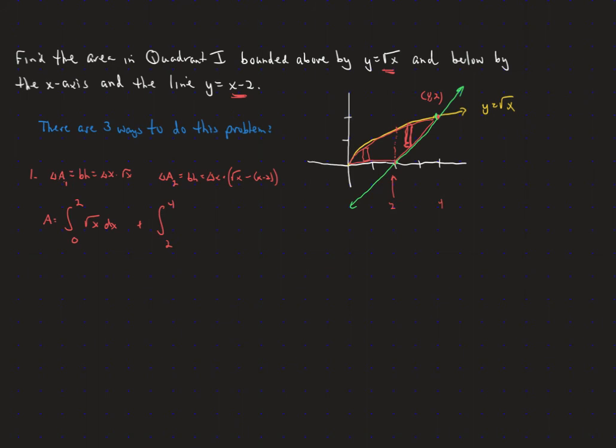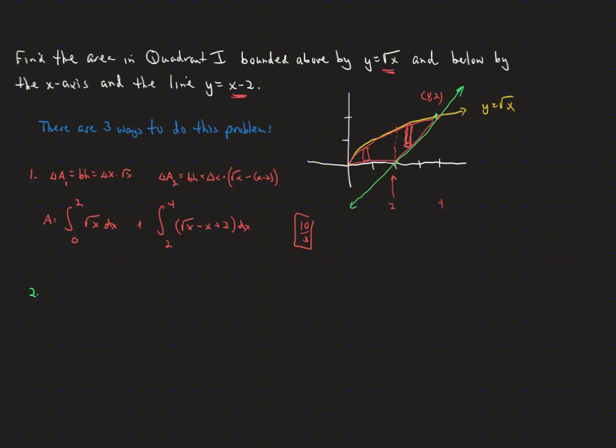Now we're going to have a top curve of square root of x, and if we distribute that minus sign, that's going to be minus x plus 2 dx, and I'm going to leave it to you to do that. If you want to check that either on your calculator or by hand, it's going to be 10/3.